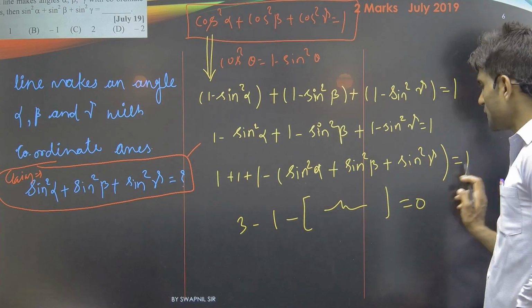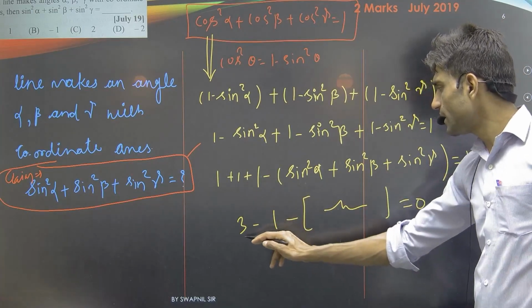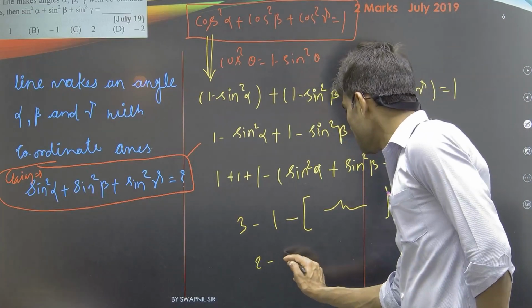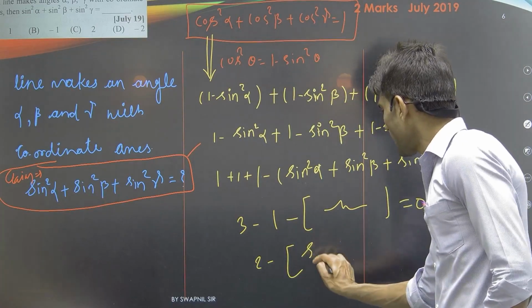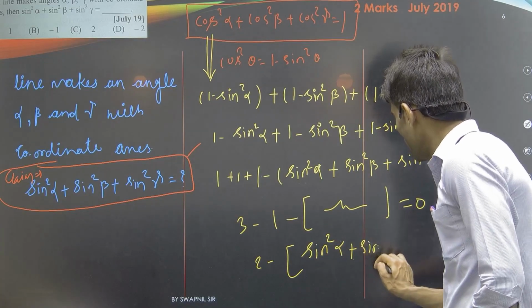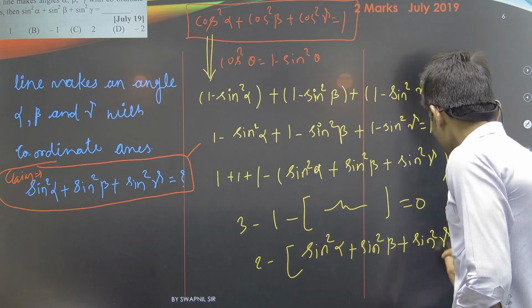That positive 1 I have taken here, it goes to the negative. So 1 plus 1 plus 1 is a 3 here. So 3 minus 1 gives us value 2, minus, under bracket, sine square alpha plus sine square beta plus sine square gamma, which is equal to 0.